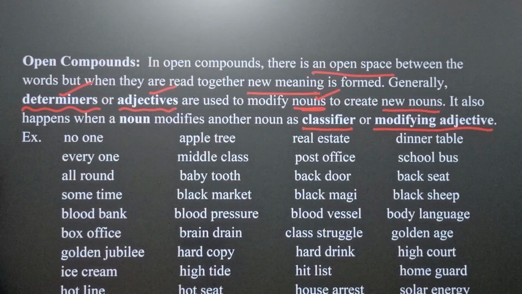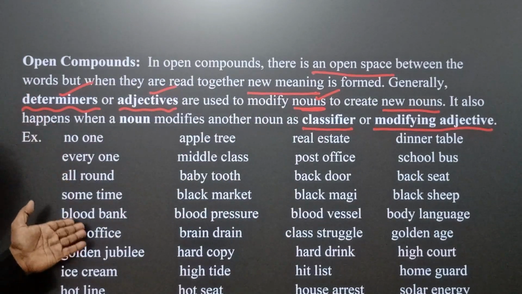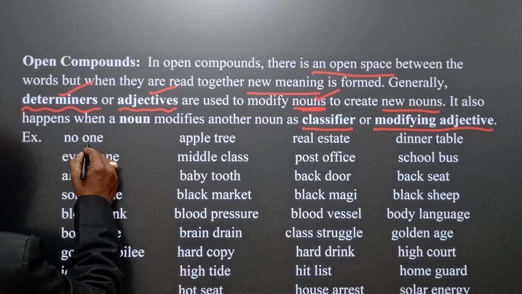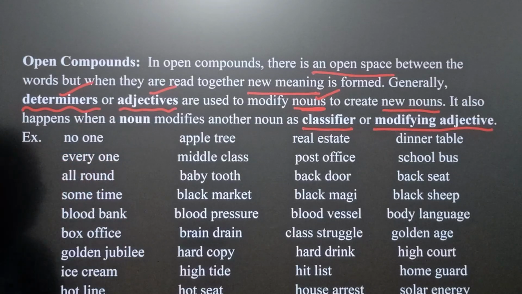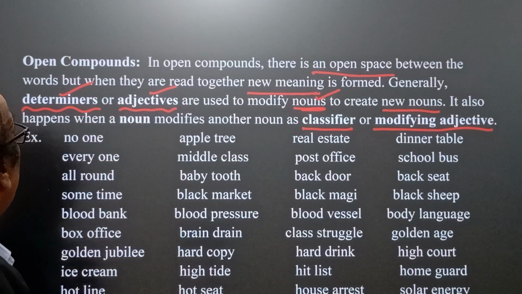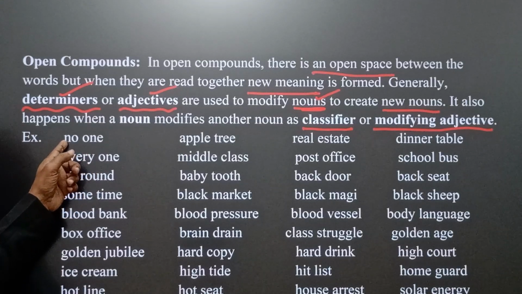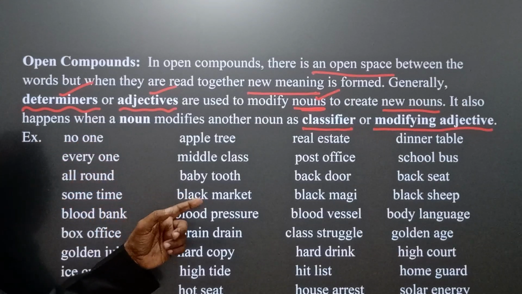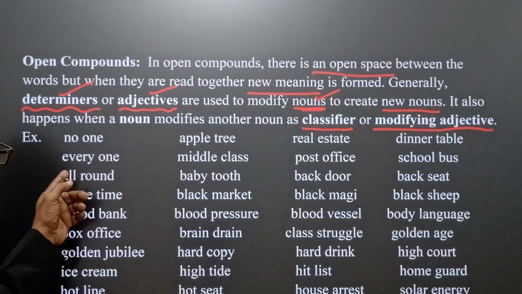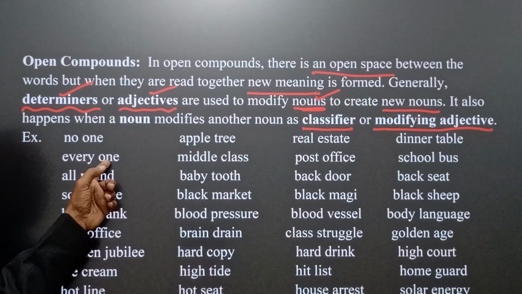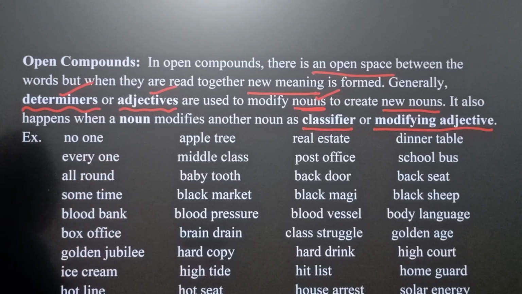Here we see how we use no one. No is a pronoun, one is a pronoun, but whenever they are joined, no one is used as a determiner. Every determines one: everyone.